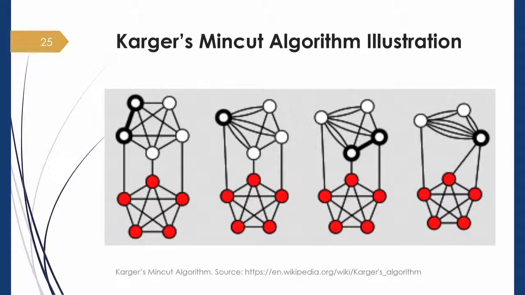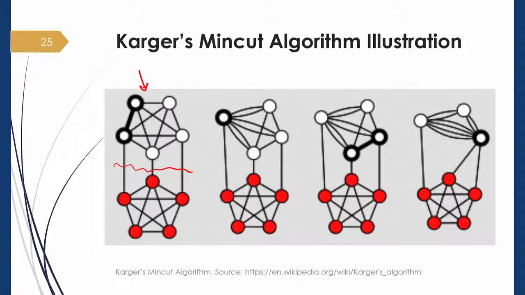Let us look at how the algorithm operates, and this is our original graph. As you can probably see by just eyeballing it, this is going to be the minimum cut, and this execution that we are going to see now illustrated here actually is going to discover that particular min cut.